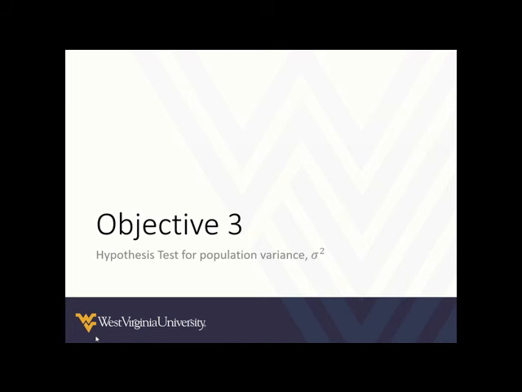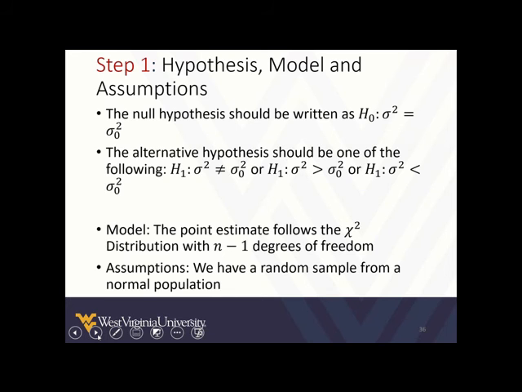And so therefore I felt it was not worth going through a bunch of the examples for each individual alternative hypothesis. So to begin with step 1, our hypothesis, model, and assumptions for the hypothesis test for a population variance.